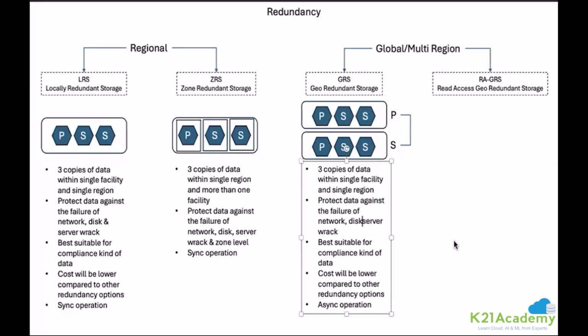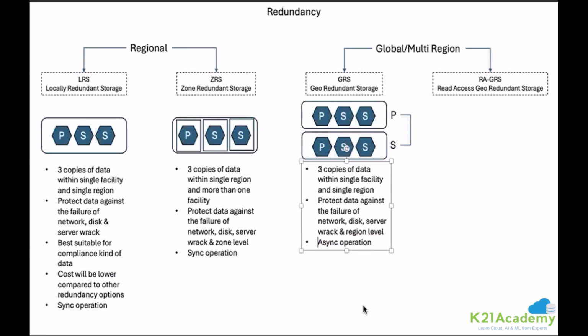Along with this, you can say region level failure protection. So here there will be a total of 6 copies of data across 2 regions, and it will help you protect your information across these locations.